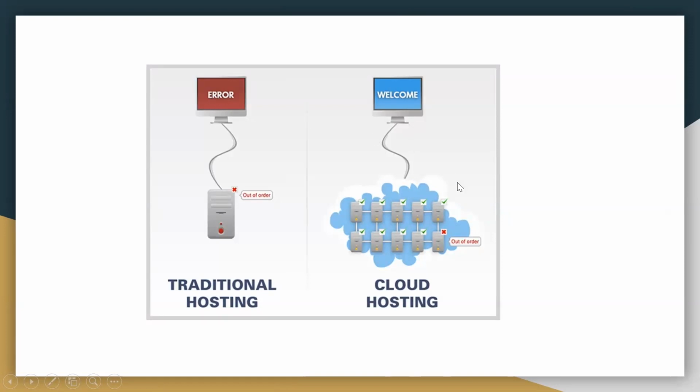But in the cloud, that will not be the case, because such servers are multiple. So even if one goes out of order, by means of the others which are actually running, we can still have access to the servers, the data and the applications on the server. So this is nothing but the cloud computing concept.